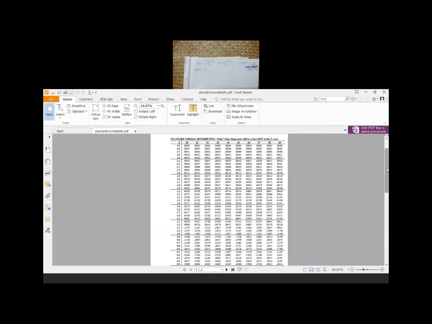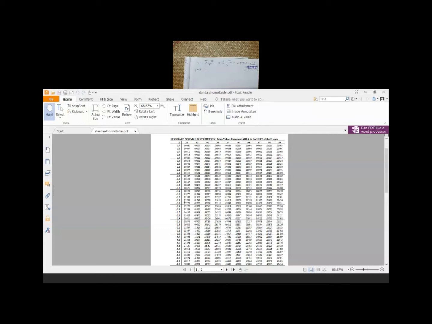Now in our Z table, we will take minus 2.1. Okay, so here minus 2.1 is this line, and from the top we will take 0.07. So this is the minus 2.1 row.